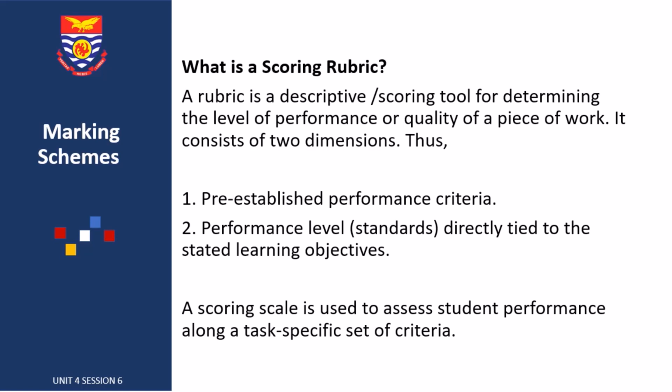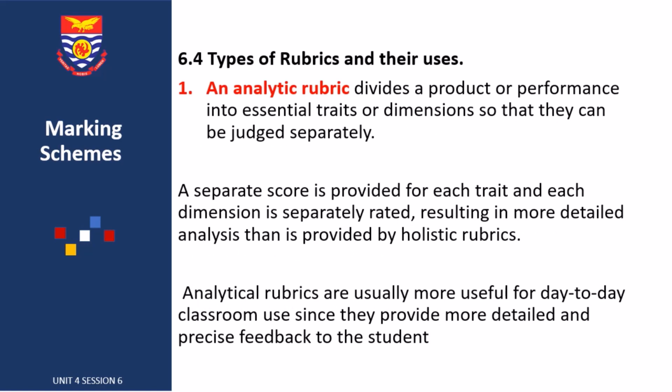The scoring scale is used to assess student performance along a task-specific set of criteria, and that is what a scoring rubric does. Types of rubrics and their uses. First, an analytic rubric. This divides a product or performance into essential traits or dimensions so that they can be judged separately.